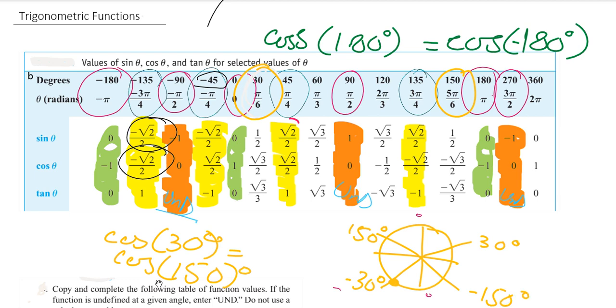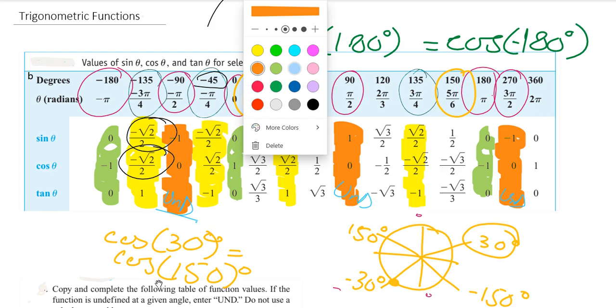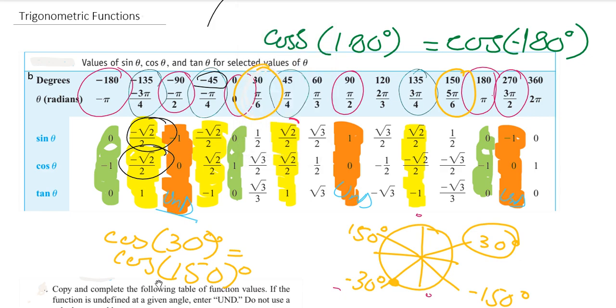Okay, 30 degree lies in the first quadrant. In first quadrant, all the values of sine, cos, and tan will be positive, so you will get all the positive values over here. But 150 lies in second quadrant, and over here you know that only the sine value will be positive, and other two values, that is of cos and tan, will be negative.